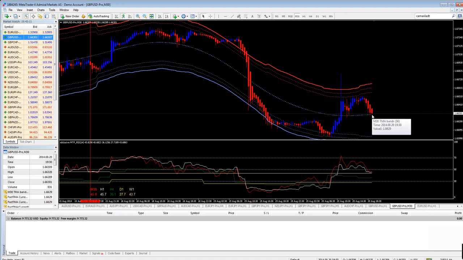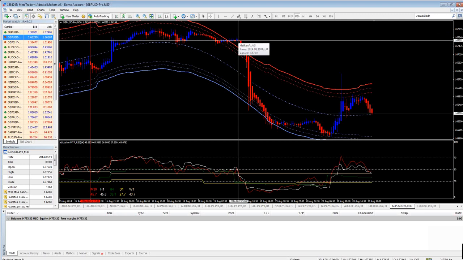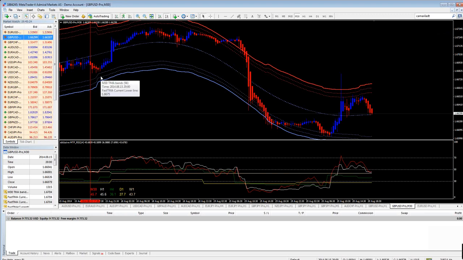So I wouldn't go short here. So that is the way this system is traded. But look at this example again. It's very good to trade it there. It's simple, and it can help you find peaks, bottoms, and possible entry points.